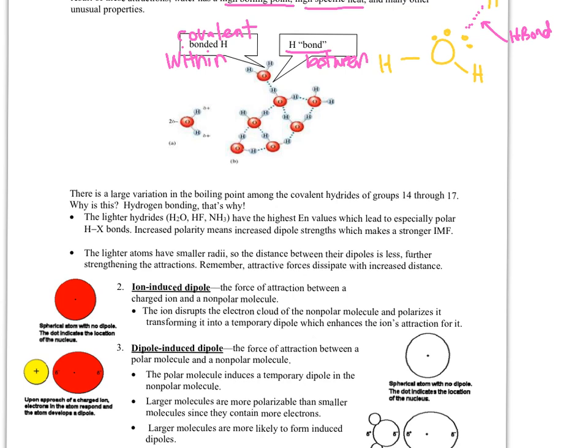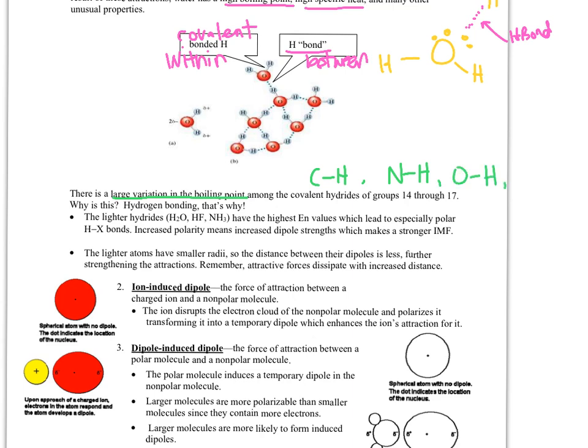All right, so moving on to the boiling points and stuff. So there is a large variation in boiling points among covalent hydrides, so of the group 14 through 17. So for example, let's say carbon hydrogens versus nitrogen hydrogen, right? Like this kind of scenario.